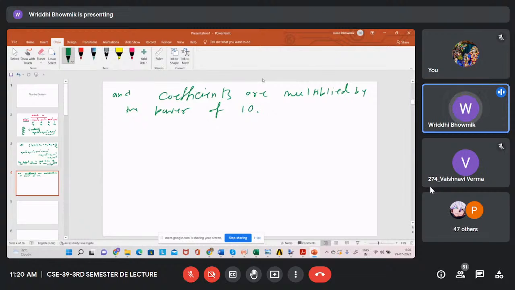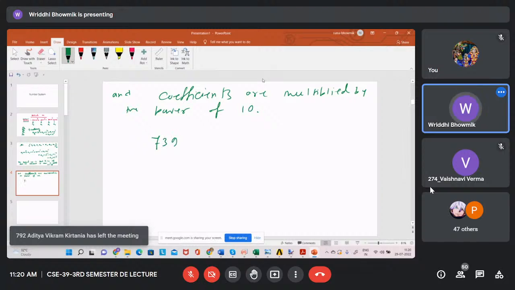Right. So that is why it is the base 10 system. Decimal is the base 10 system. So if you want to describe the decimal number, it will be something like this: 7392 base 10. So this is a decimal number.